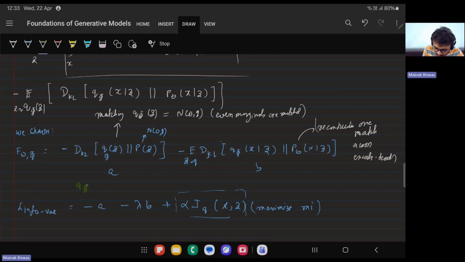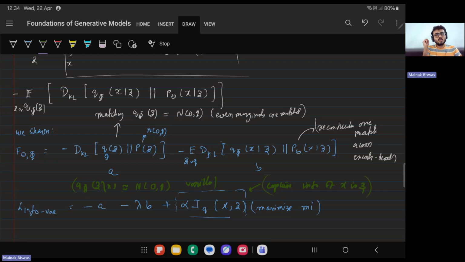In the original, q phi of z given x was matched to normal 0, 1. It is vanilla. In this one, you're saying it is more likely to match at the marginal level. That is, if you integrate out x, it will match. And whatever information of x that z contains will be captured in the mutual information. Capture info of x in z.